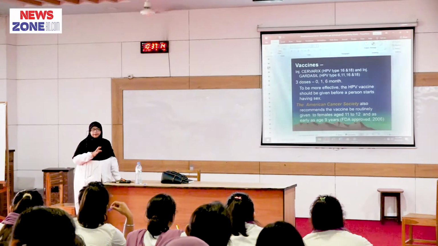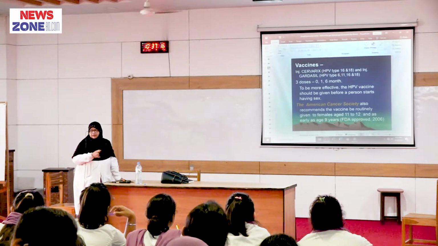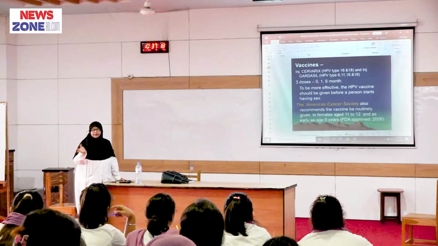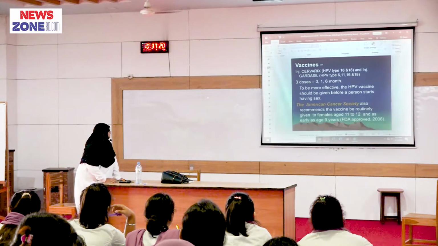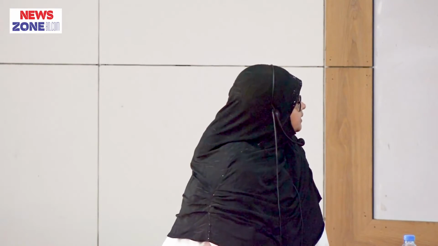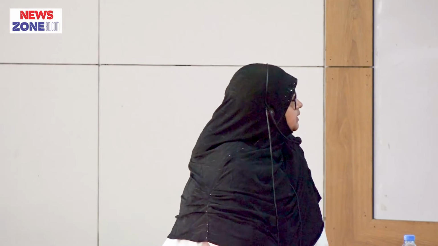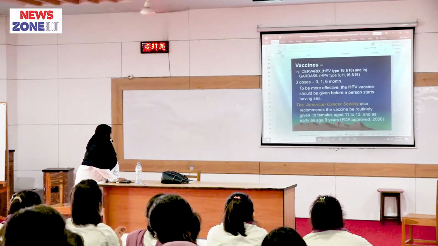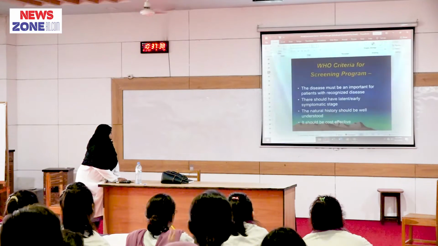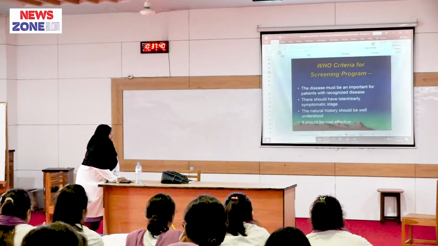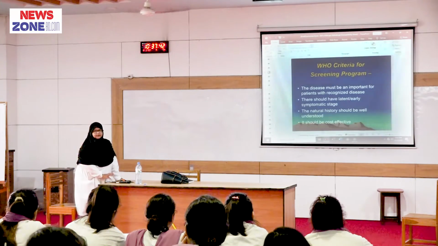So you cannot prevent it 100%; we can prevent it only about 75 to 80%. The doses are 0, 1 and 6 months, three doses. To be more effective it should be given at a very early age, before a person starts having sex. So prevention is health education, screening and vaccine.